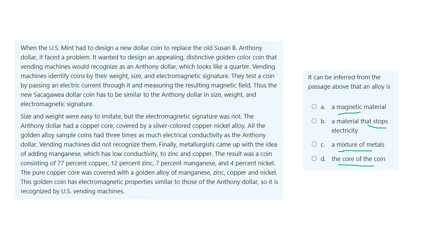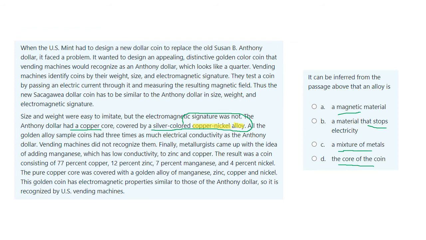The Anthony dollar had a copper core covered by silver-colored copper nickel alloy. Now look here. Here's the word alloy. And it says copper nickel alloy. Copper is one type of metal and nickel is another type of metal. And together they make an alloy.